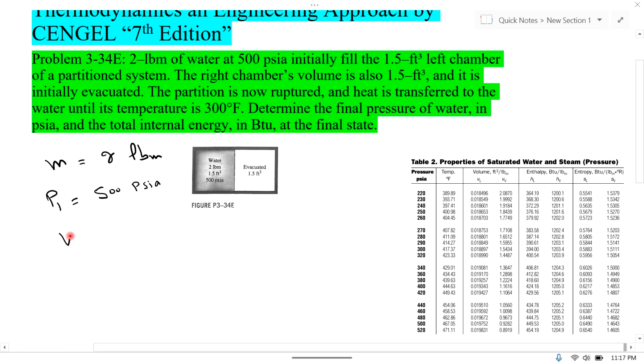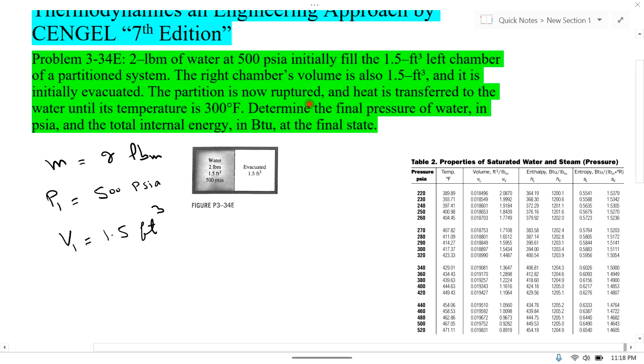It means that the initial volume is 1.5 cubic feet. The right chamber volume is also 1.5 cubic feet. The left chamber and right chamber volume is the same, and the total volume is V1 plus V2, 1.5 plus 1.5, 3 cubic feet. So, heat is transferred and the partition is now ruptured.